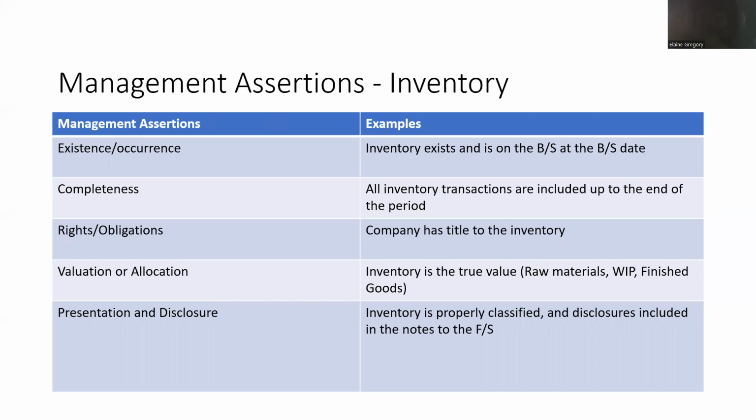The company has title or rights to that inventory at some point in time. Inventory is the true value for raw materials, as well as work in process and finished goods. And finally, inventory is being properly classified, valued, and disclosed, and included in the notes to the financial statement.